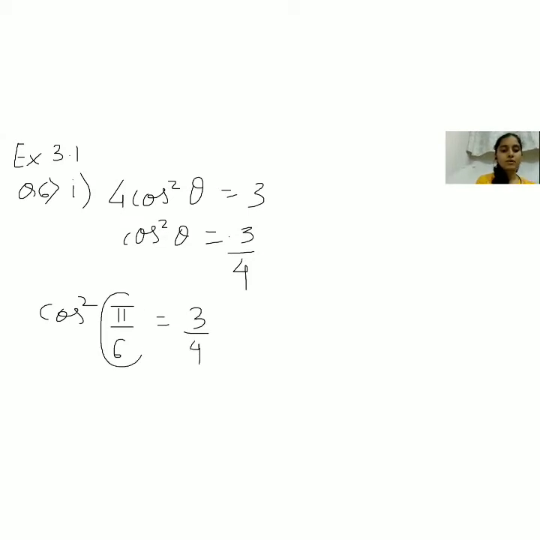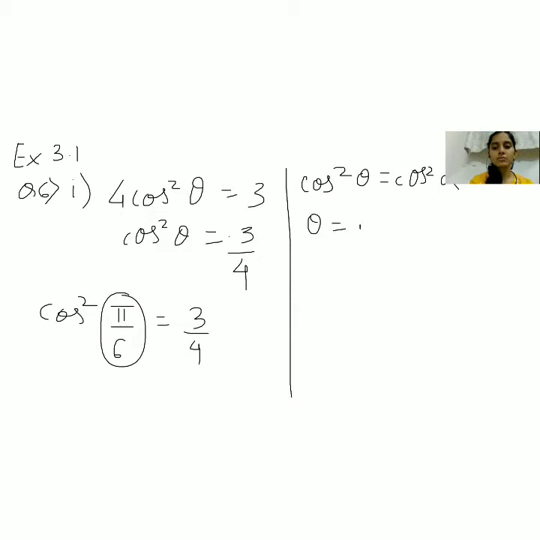So what is our alpha value? It is pi by 6, okay? So now we have to write the general solution for square angles, that is cos square theta equal to cos square alpha, okay? And its generalized solution, theta is equal to n pi plus minus alpha. So how will we write it for cos square pi by 6?